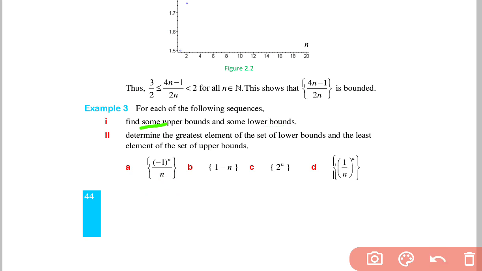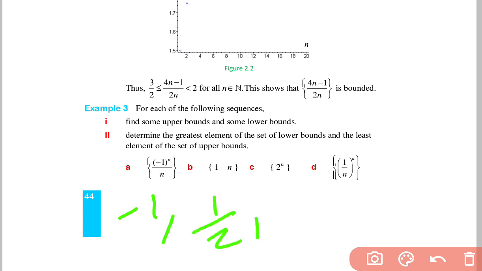Let's find first lower, which is upper. Let's plug in 1: we get -1. Plug in 2: 1/2.